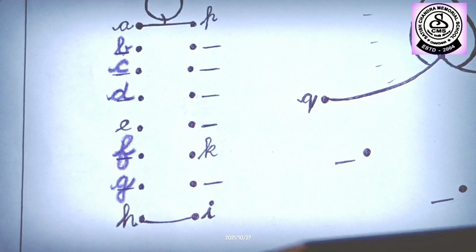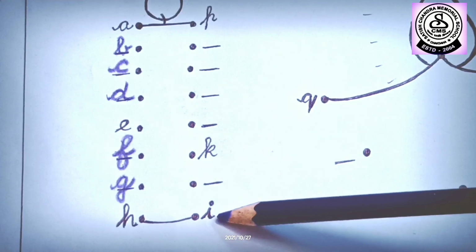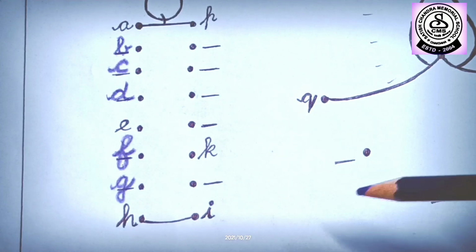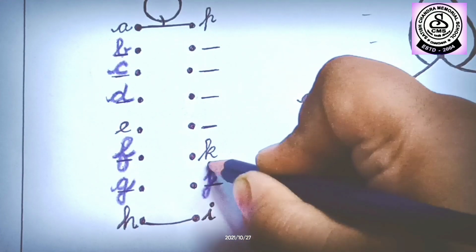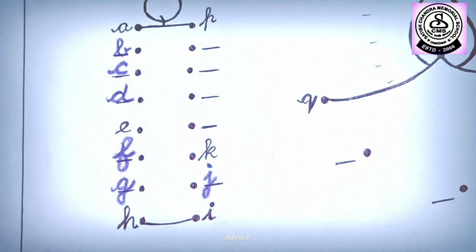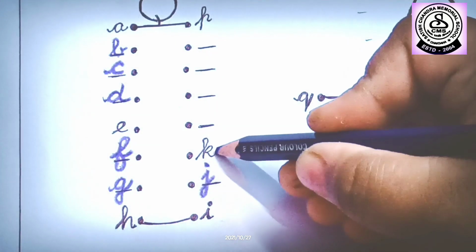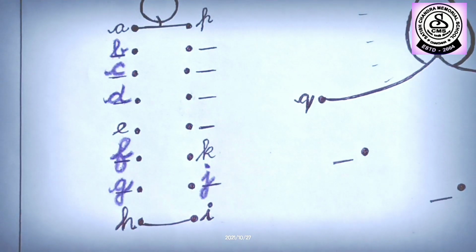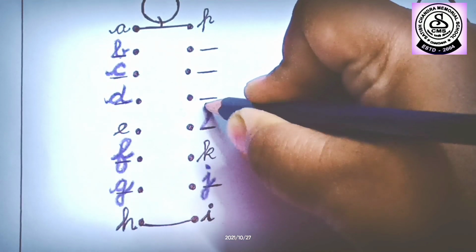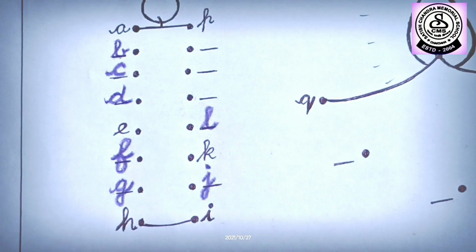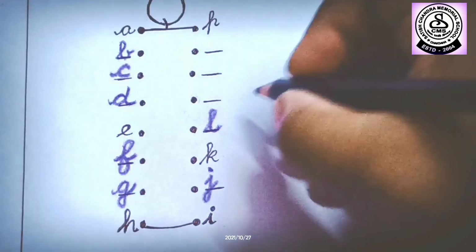After H? I. I is already written here. So what comes after I? J. What comes after J? K. But K is already written here. What comes after K? L. What comes after L?